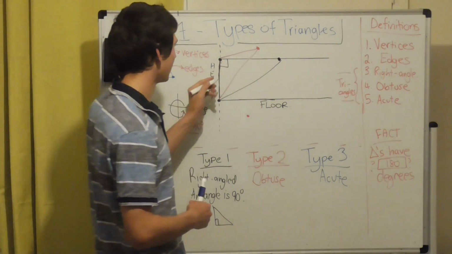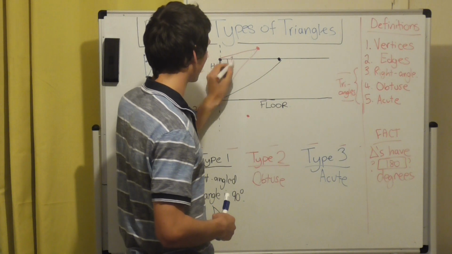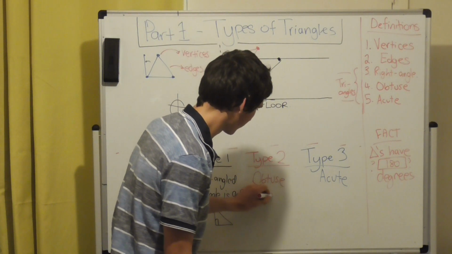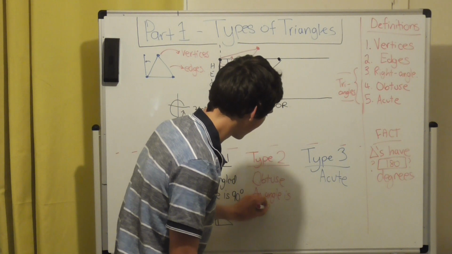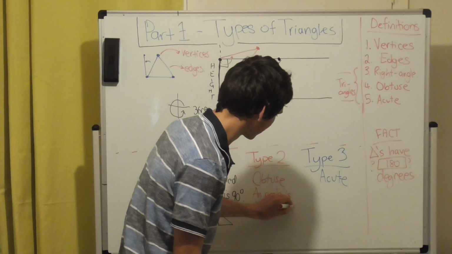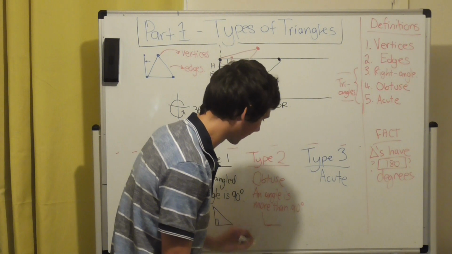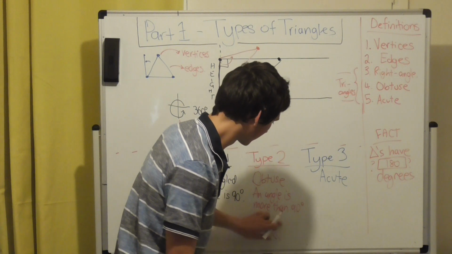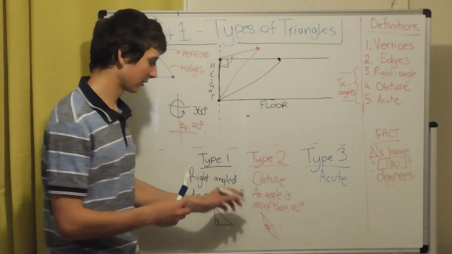But all it means is one of the angles isn't just 90 degrees, but it's more than 90 degrees. So an angle is more than 90 degrees. It's larger than 90 degrees. And it looks like that right angle like we just did, but instead I go a bit longer. So that angle is more than 90 degrees. So it looks like that.